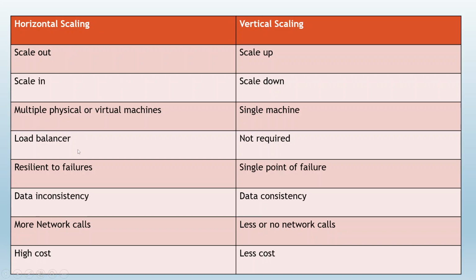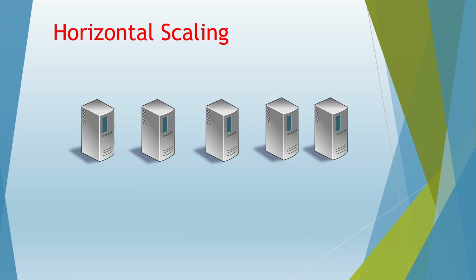As we are adding multiple resources in horizontal scaling, a load balancer is required, because we have to ensure the load is shared among all the servers. We should not have one single server accepting all the requests.